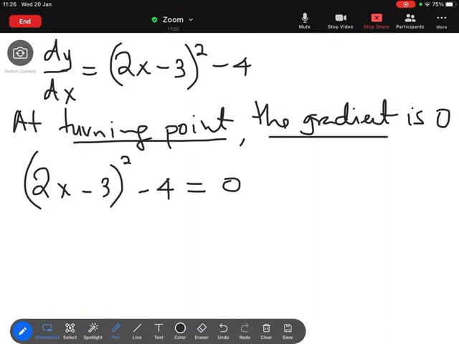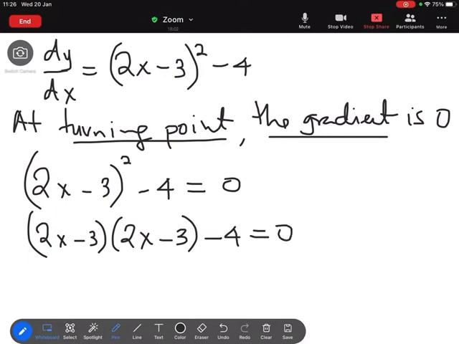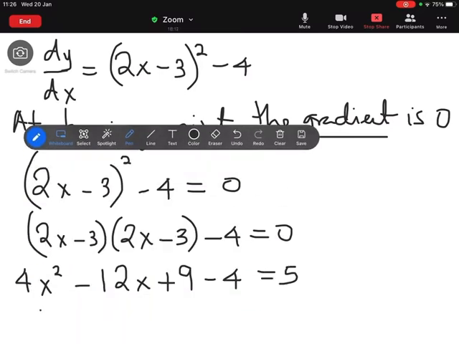So this becomes 2(2x minus 3) squared minus 4 equals 0, expansion of which finally becomes 4x squared minus 12x plus 5 equals 0. So we solve this function quadratically. I will do that very quickly.